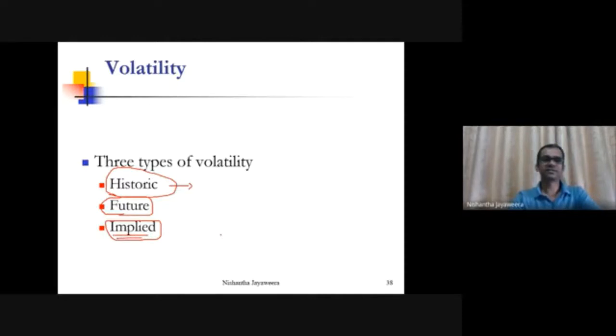What is the volatility taken into account when the market prices the options? That is called implied volatility. What is the volatility implied by the market prices? So all these are ways of measuring volatility, and when you do pricing or you do trade, you have to think about which one to use depending on the trade or your intention.